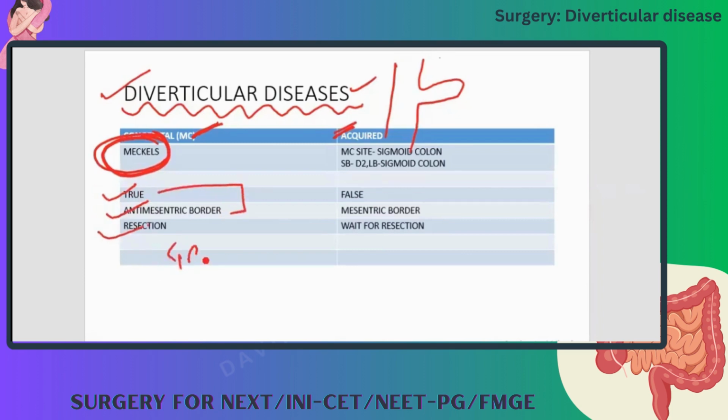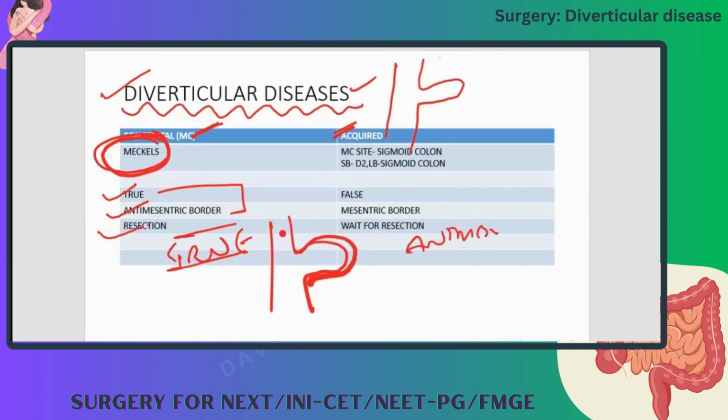What is true diverticulum and what is anti-mesenteric border? True diverticulum means it didn't happen because of some other reason. It happened congenitally. It is having all the layers of the bowel.